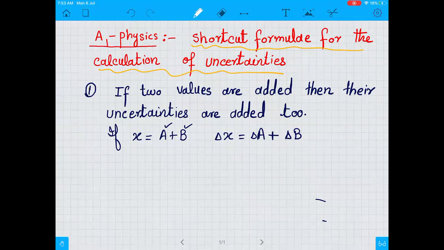So if the values are added, then uncertainties are added as well.